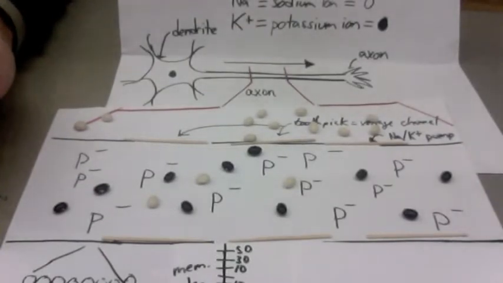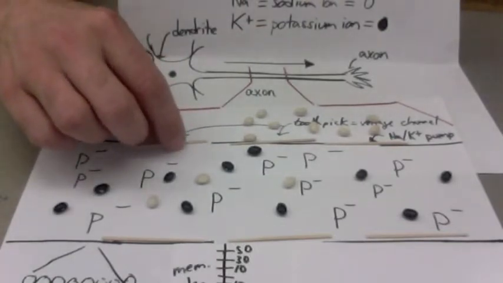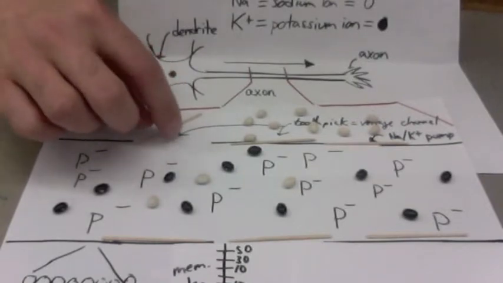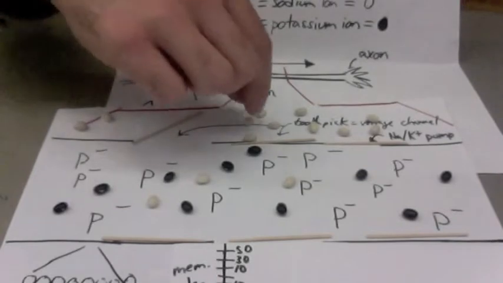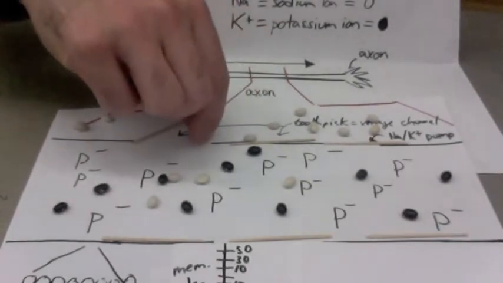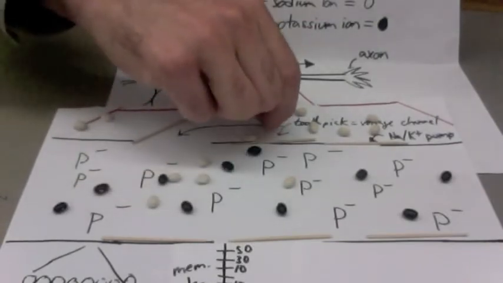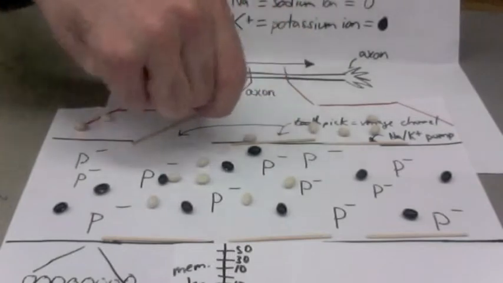Now, threshold is important because at threshold, the sodium channels will open up. By opening up sodium channels, there is a huge surge of sodium ions, positively charged ions, into the neuron.